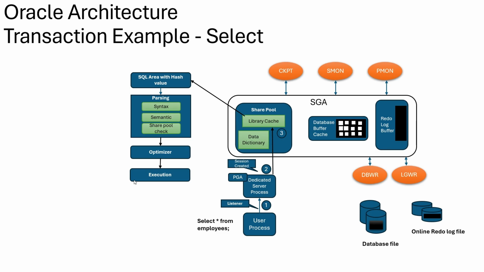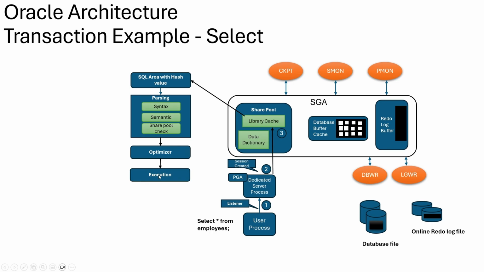And then it will also store that execution plan in the library cache along with the original SQL text. So this optimizer will create multiple execution plans, and out of those, the server process will decide which execution plan is best and optimized to run it in the SGA and get the data.